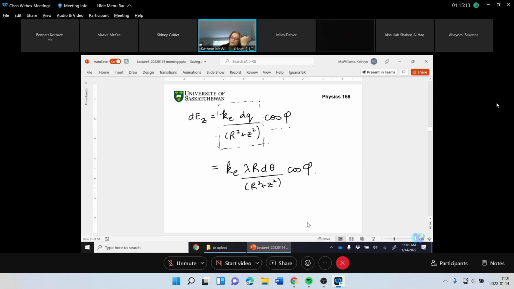over R squared plus Z squared, cos phi. Okay, Z is constant because it's just a fixed position above the ring. R is constant because the ring has a constant radius.